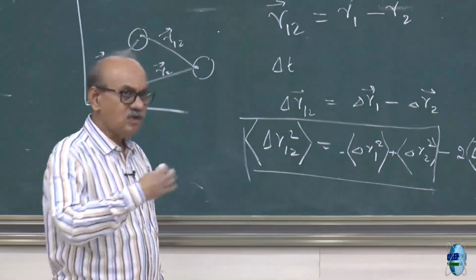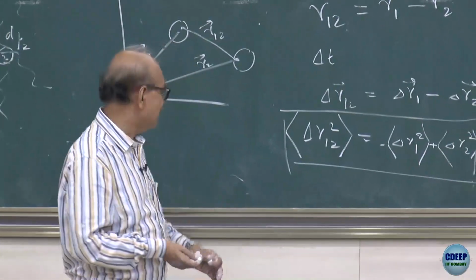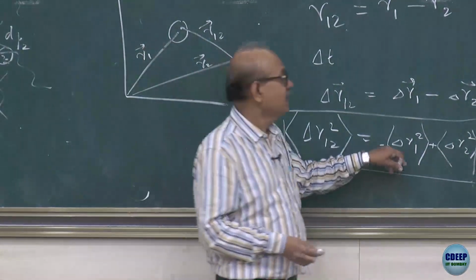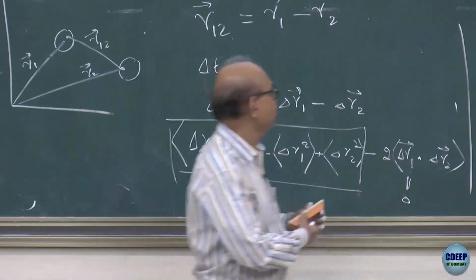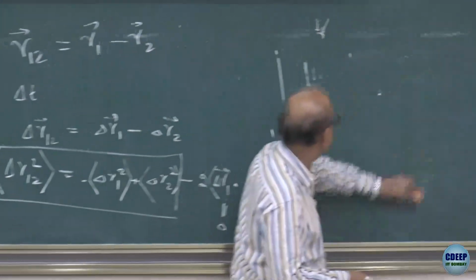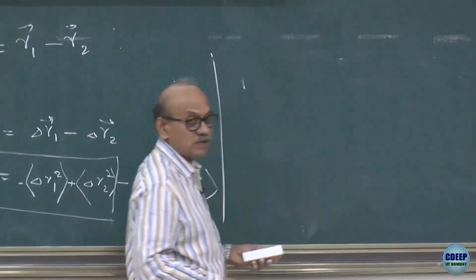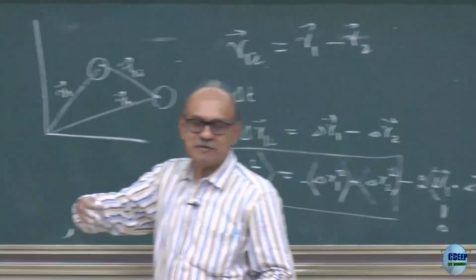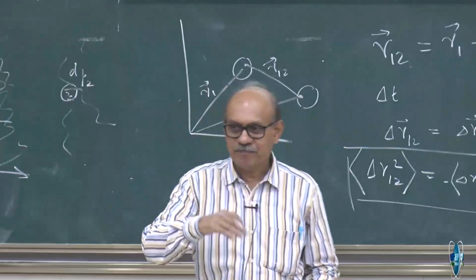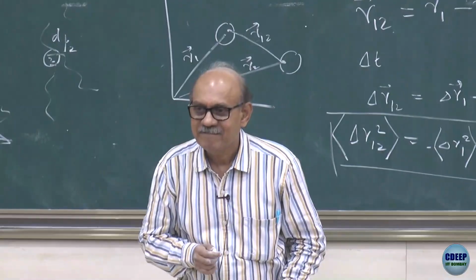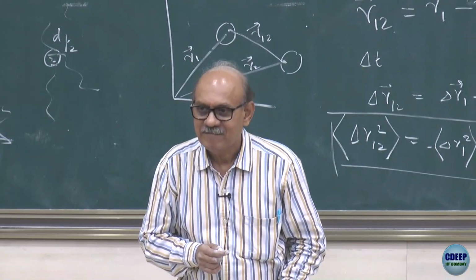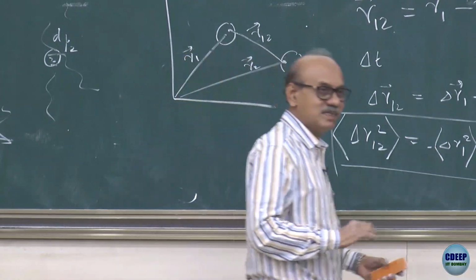Now, we invoke the Einstein result for each of them, and Einstein result says, anyone remembers how do I relate the mean square displacement to time? Louder. 2 D t, right. So, that is the key thing.